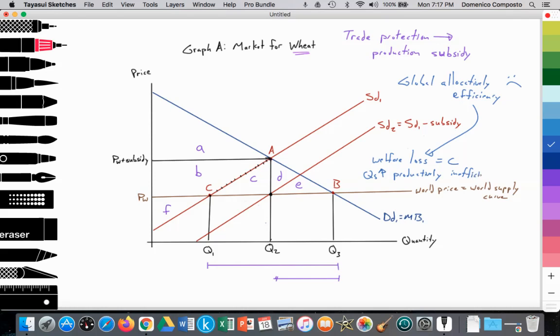It's productively inefficient. Its costs of production are higher than foreign firms that have the comparative advantage. Resources are being allocated to these inefficient wheat producers, allowing them to increase their quantity of output. And we can state that at Q2, the marginal cost of production is going to be greater than the marginal benefit at some point.